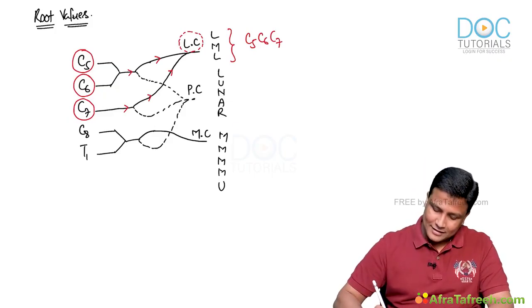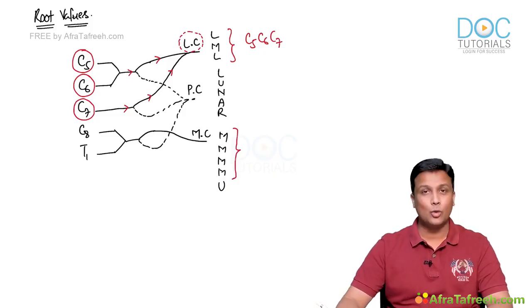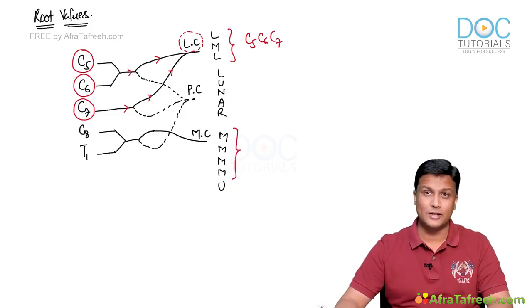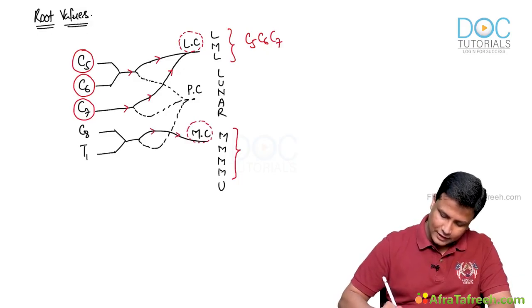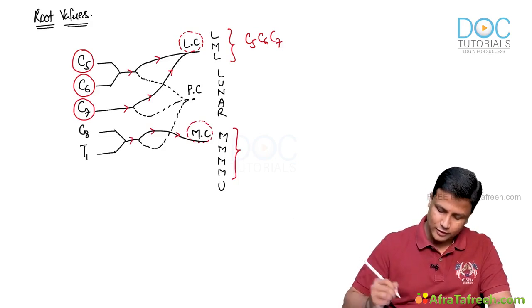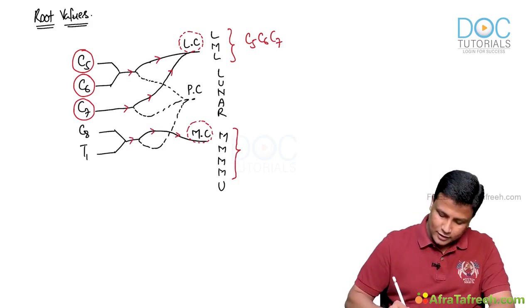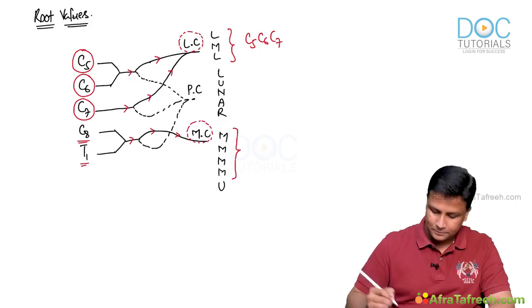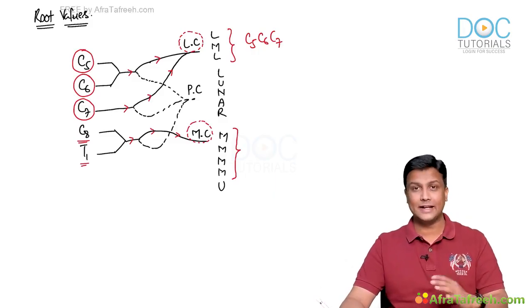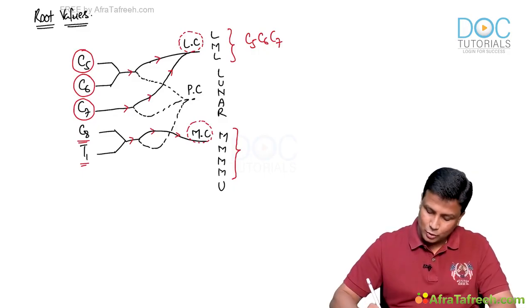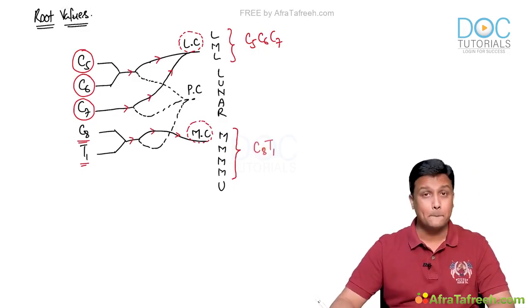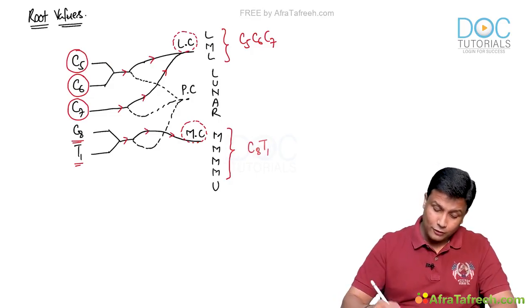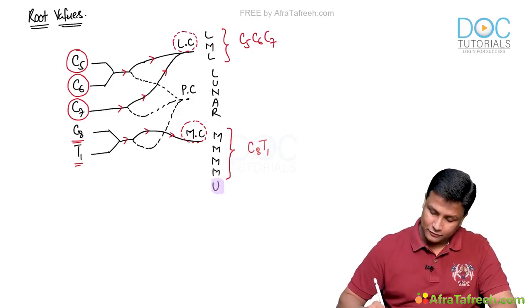Now similarly, apply the same logic and find out what is the root value of medial cord branches, M4U. Medial cord will be the continuation of the anterior division of the lower trunk. And lower trunk is formed by C8 and T1. We all know that the lower trunk is formed by C8 and T1. So therefore, its root value will actually be C8 and T1, guys. But here, I want all of you to remember the ulnar nerve.